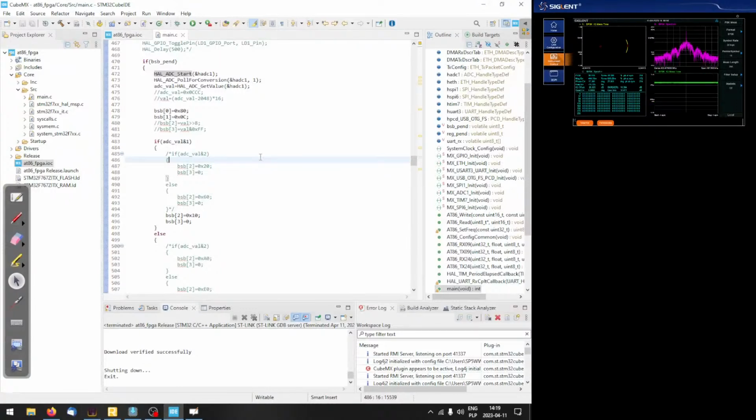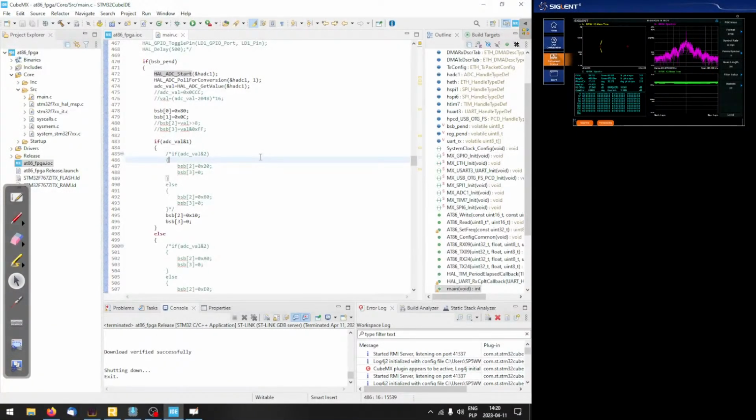The baseband samples come from the ADC. Normally, if you want to transmit FM or AM, you just sample the signal over the ADC and send the baseband samples over SPI to the FPGA, for the FPGA to do the DSP and heavy lifting.